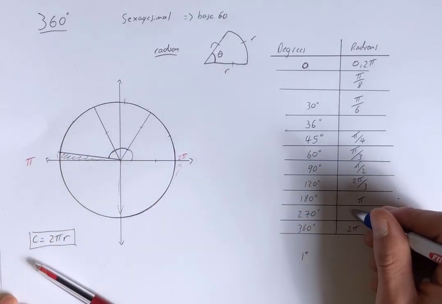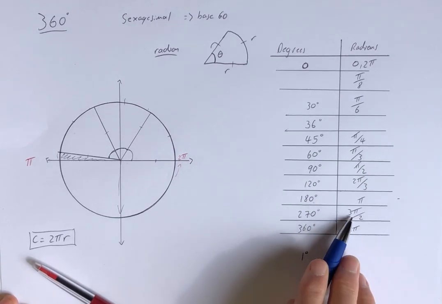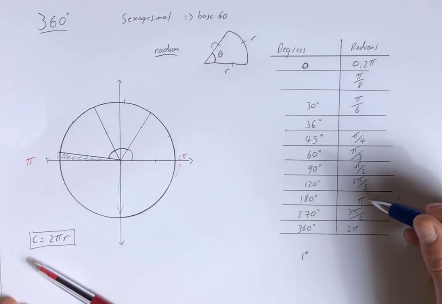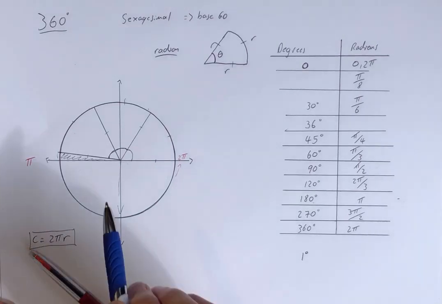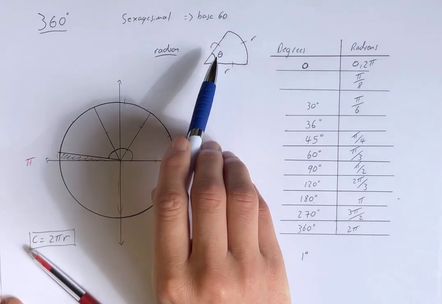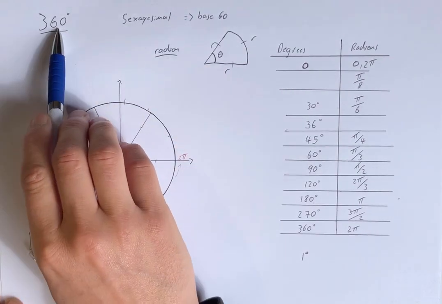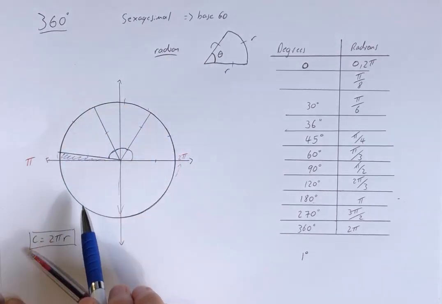Pi and a half, so 3 pi over 2, because you know that 3 over 2 is 1.5. So in a way, the pi just becomes a unit of measurement around the circle. And this is really powerful because it's all based on the actual geometry of the circle, not what someone created, but actually has a pure relationship with the geometry of the circle.